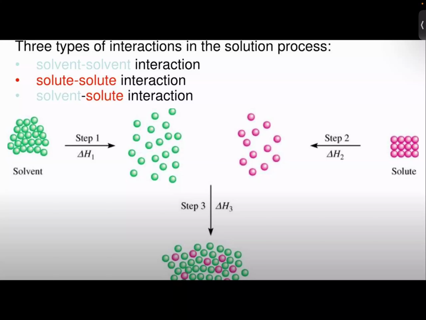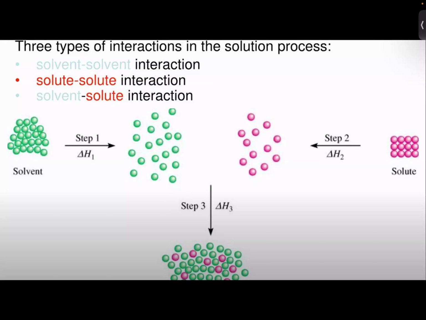Now, whether a solution will form or not is really dependent upon these energies. If the enthalpy associated with solution formation is equal to or greater than the enthalpies associated with separating the solute and separating the solvent, then a solution will form.